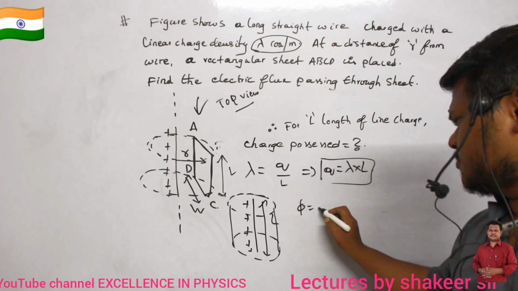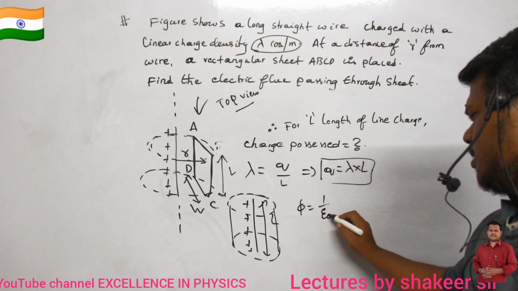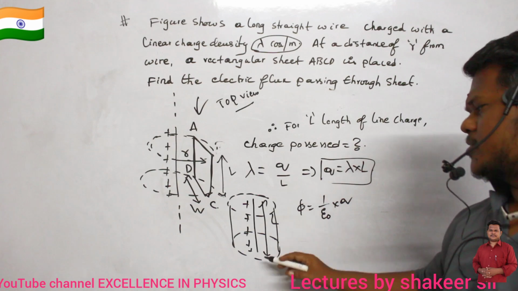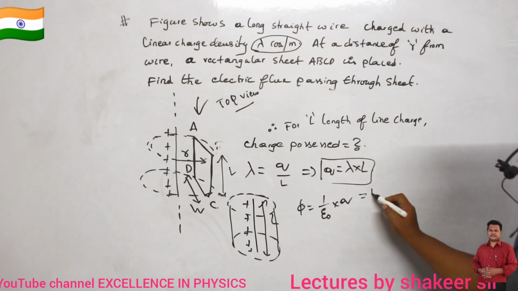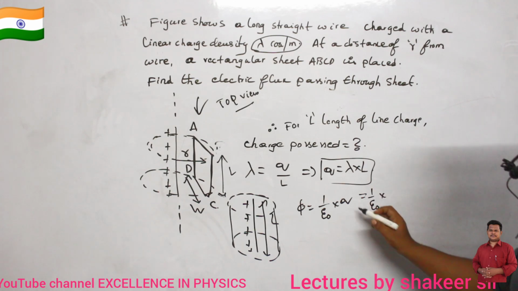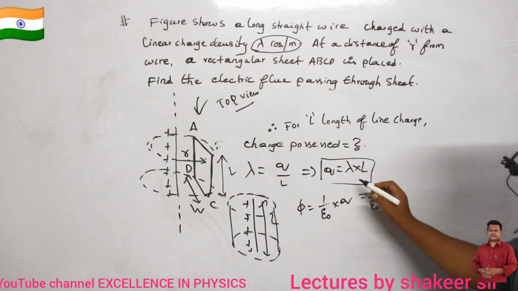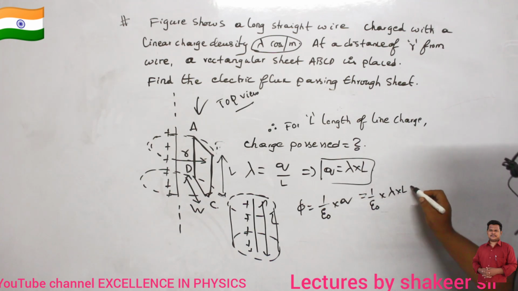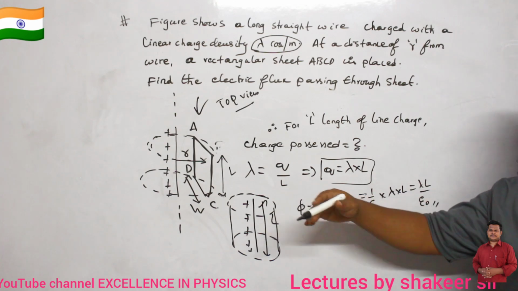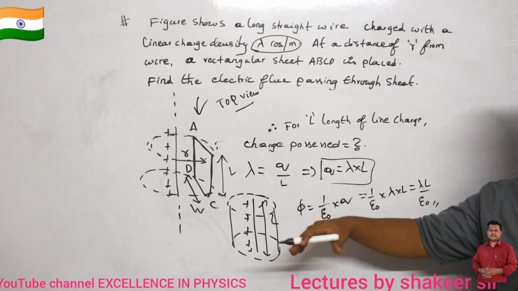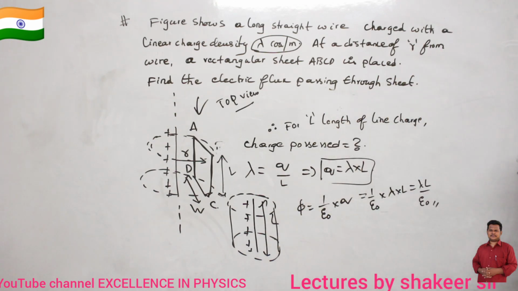By Gauss law, the flux formula is 1 by epsilon naught times the charge enclosed by the Gaussian surface. The charge enclosed is Q, which is equal to lambda into L. So the flux is lambda L divided by epsilon naught. This is the total amount of flux coming out of this line charge in every direction. Are you able to understand?